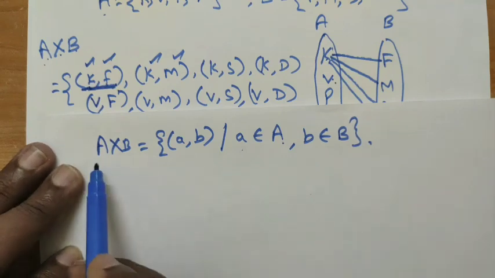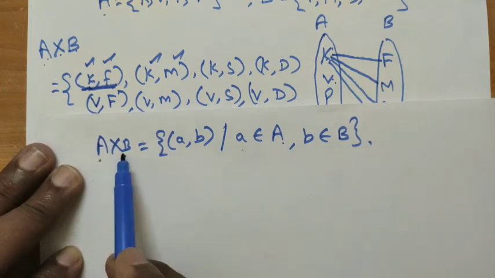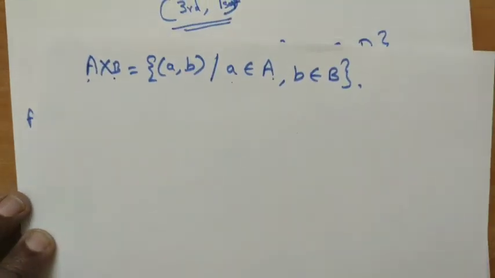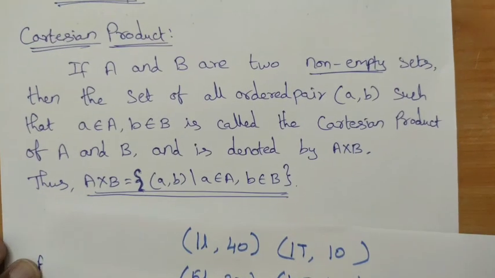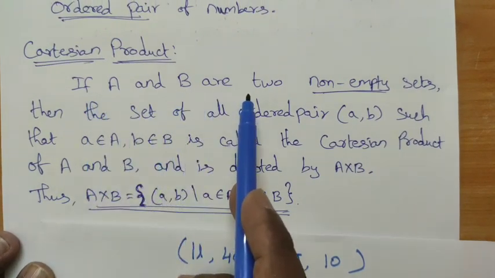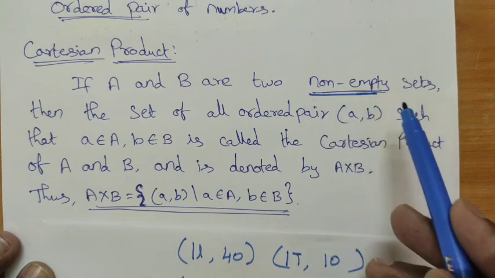Now let's see the definition. If A and B are two non-empty sets, that is very, very important.